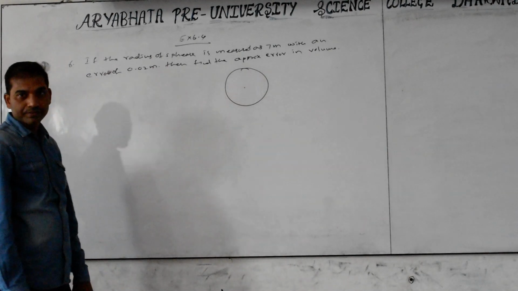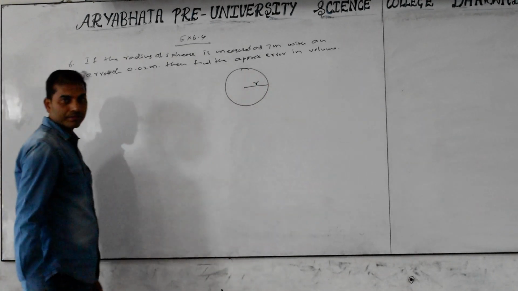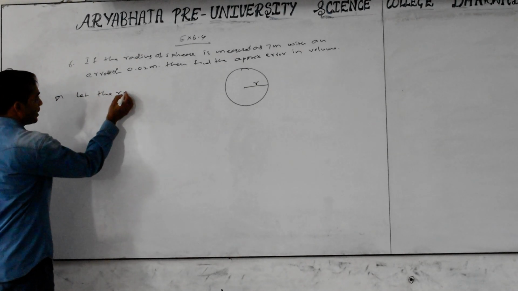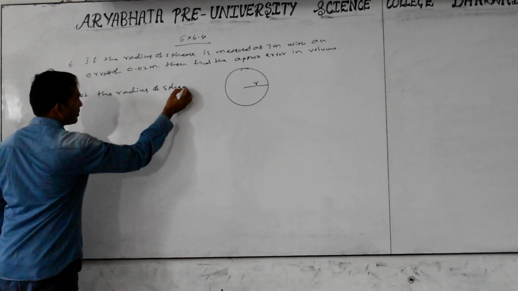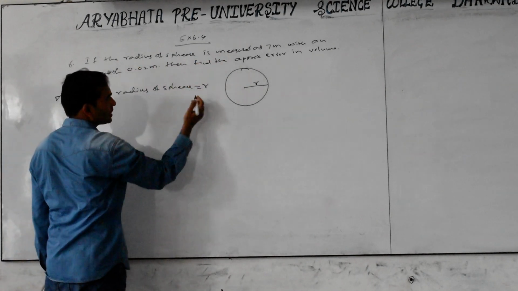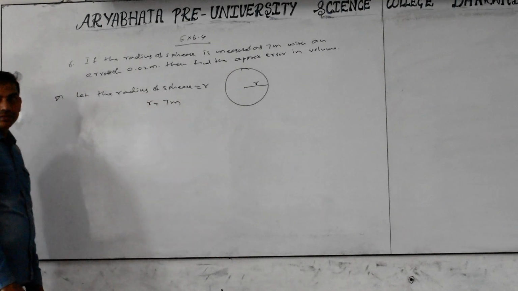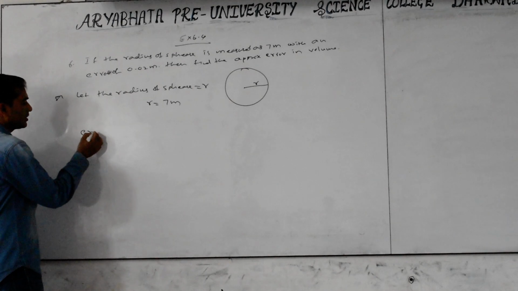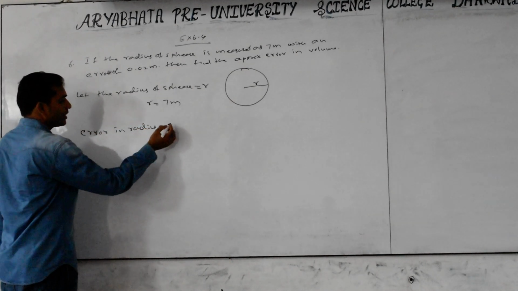4/3 pi r cube. Okay, let the radius of the sphere be r. The radius of the sphere is measured as 7 meter, given that r equal to 7 meter, with an error in radius denoted by delta r.